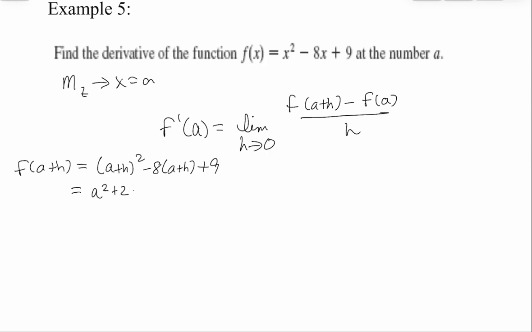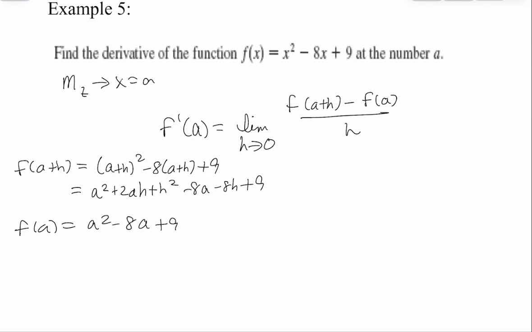That's a squared plus 2ah plus h squared. Let's distribute the negative 8. And now we've got our little list of what f of a plus h is. And now let's find f of a. We're just inputting a instead of x. That's the easy one. That's just a squared minus 8a plus 9.